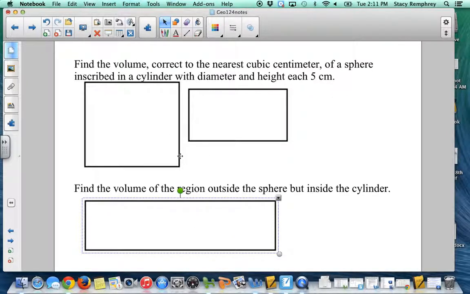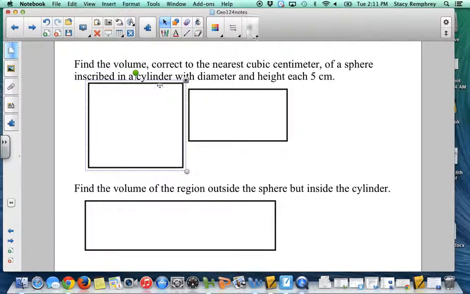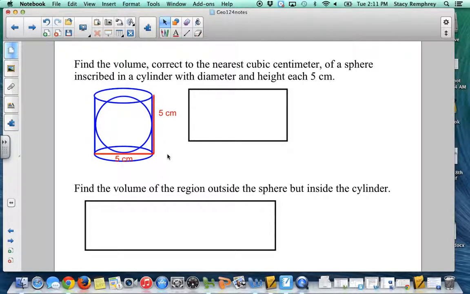All right, now this one. So it's a sphere inscribed in a cylinder. So it's kind of like a tennis ball in a can, but just one tennis ball. And inscribed would mean the edges of the sphere touch the edges of this cylinder. Okay, so I kind of drew a picture here. It said a cylinder with diameter 5 and height 5.